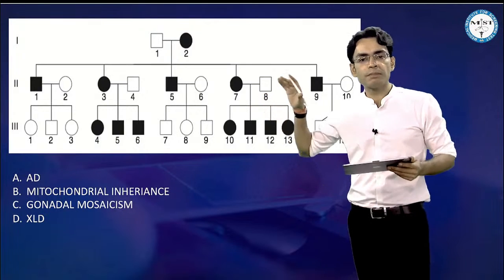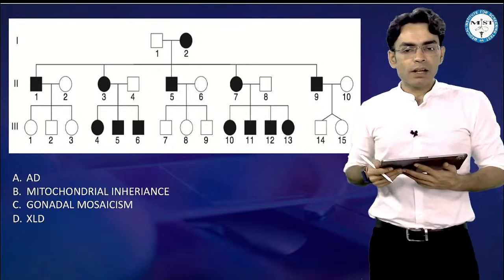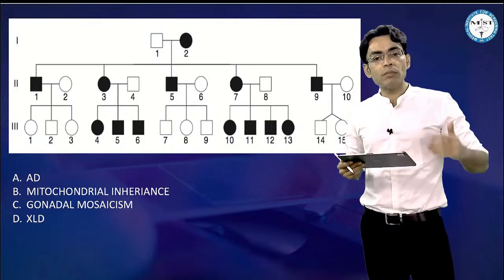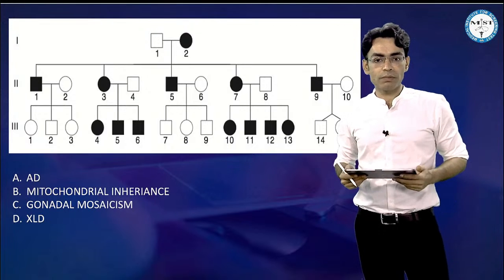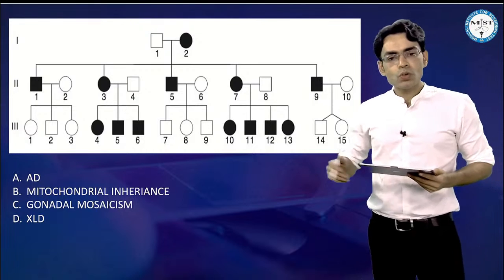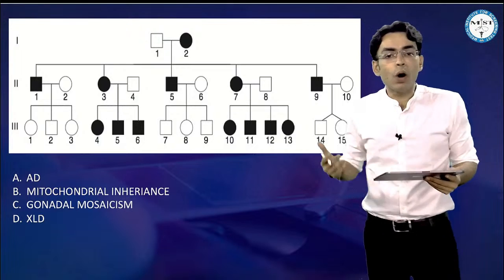Last two questions. Solve this pedigree. Is it autosomal dominant or mitochondrial inheritance or gonadal mosaicism, or is it an X-linked dominant disorder? Let's solve this. Whenever you are solving a pedigree, the first thing you have to see is the options.